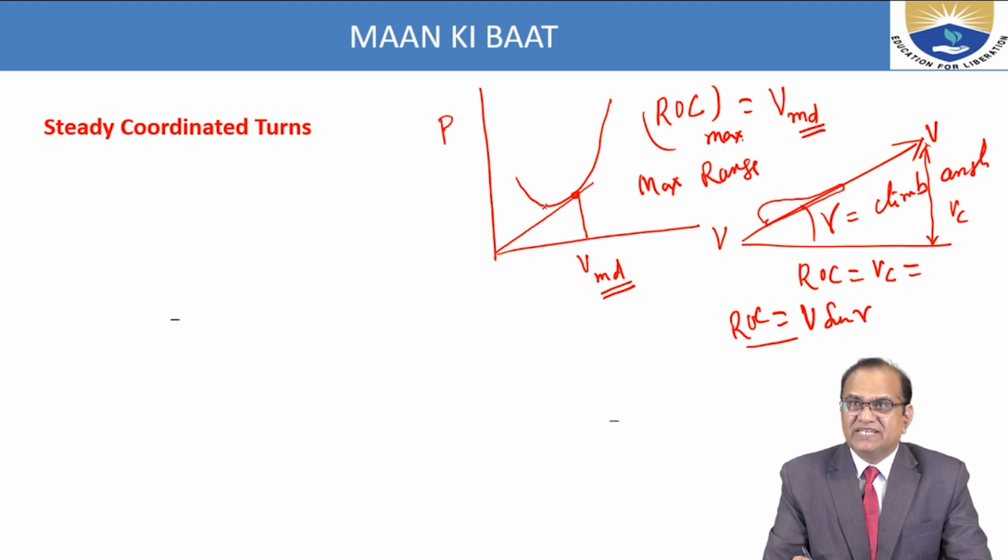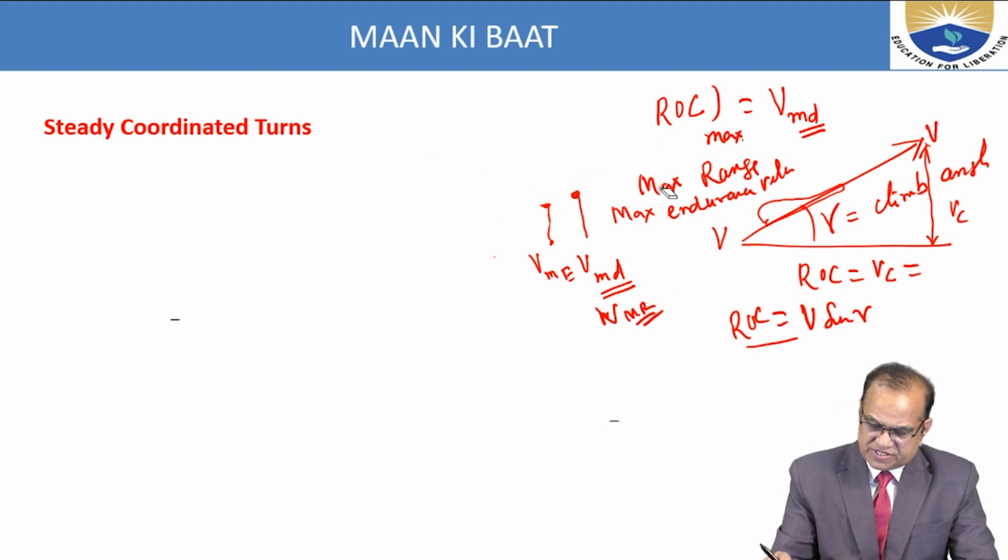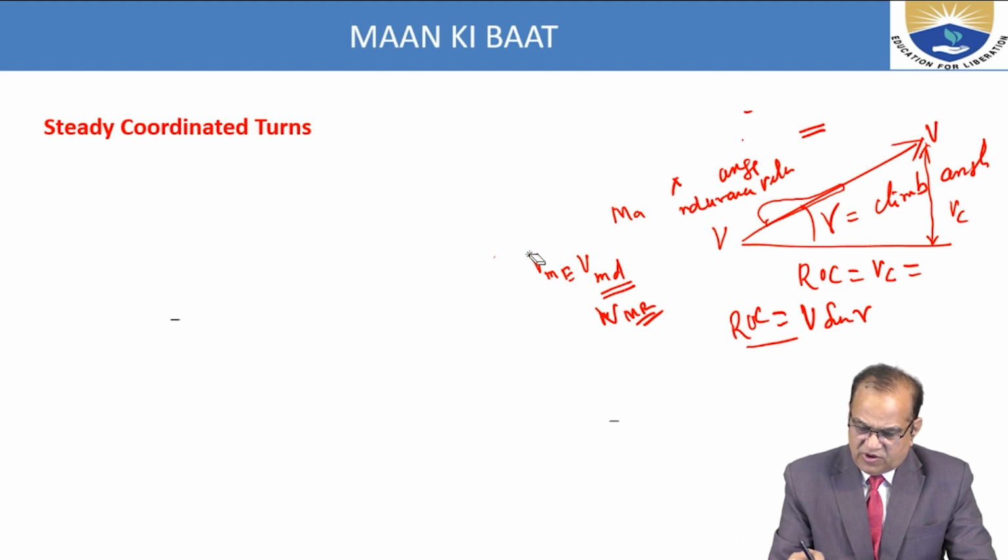If we fly at this, where it is a horizontal tangent, this is the maximum endurance velocity. This is the point of V maximum endurance, and the minimum drag point is also called the velocity for maximum range. These topics I have already covered in my previous lectures.